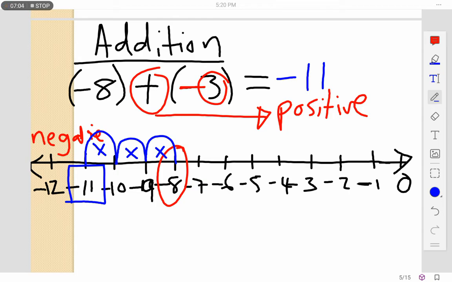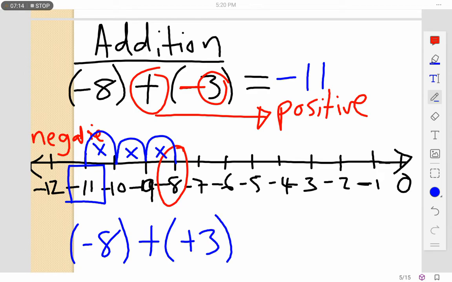Let's have another example of addition: minus 8 plus 3. This time we are coming from minus 8 again, but we are adding, meaning we are going in the positive direction.